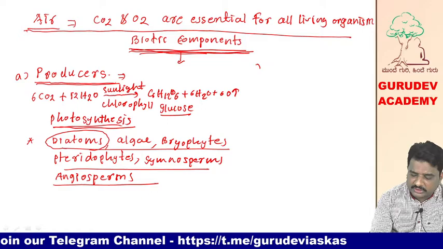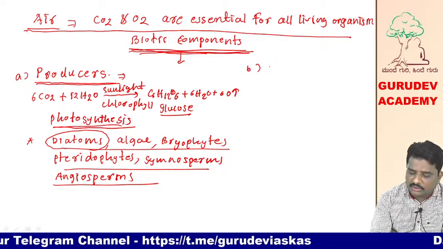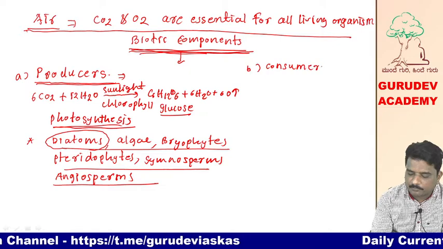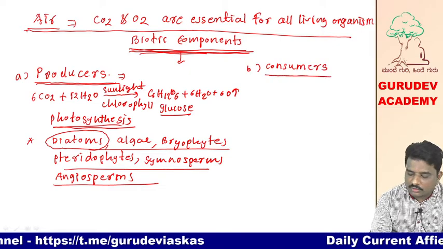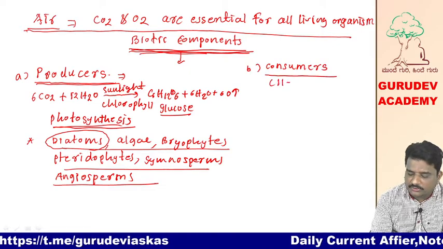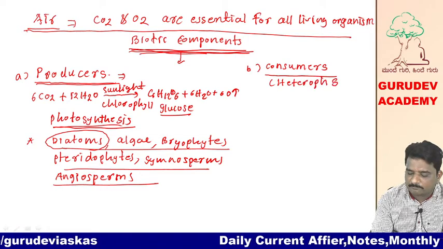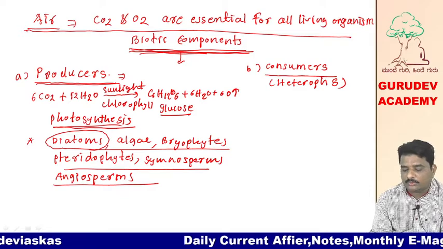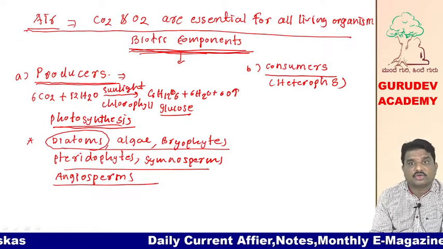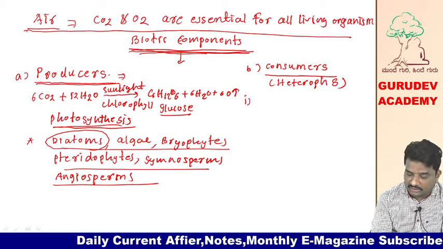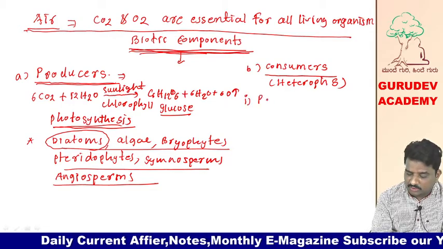After the producers, there is one more component in the ecosystem, the consumers. Consumers are purely heterotrophs. They cannot prepare their own food. They depend on the producers for their food. Consumers are classified into the following types.